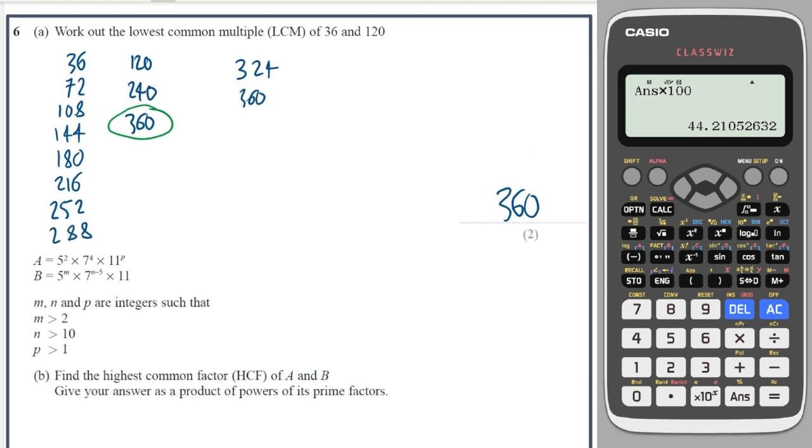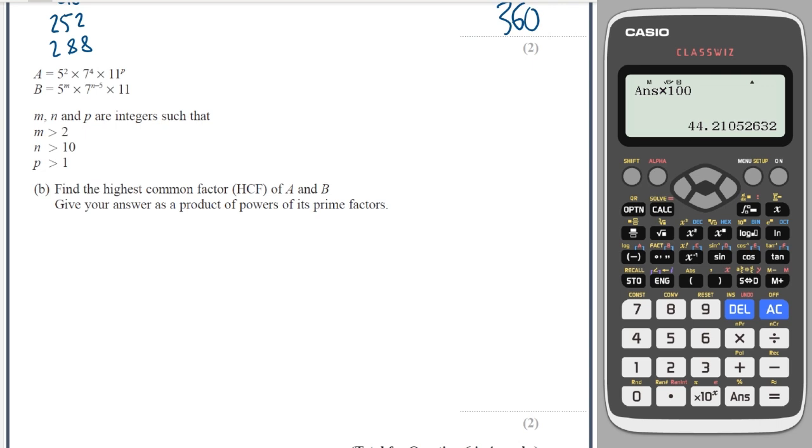Okay, next question. We've got A, we've got B, and M, N and P are integers such that M is greater than 2, N is greater than 10, and P is greater than 1. Find the highest common factor of A and B, giving your answer as a product of prime factors.